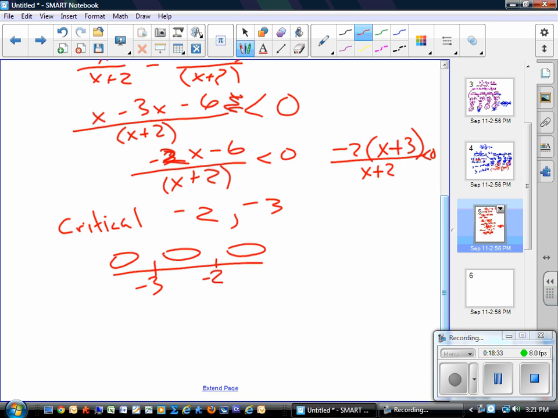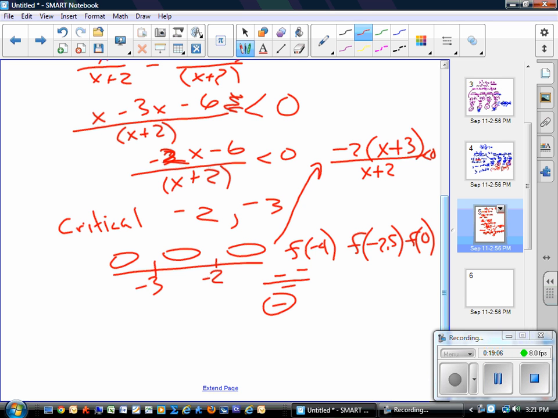And I'm going to check all of these values in this factored form of the equation. So doing so, we will go f of -4, f of -2.5, and f of 0. What the heck? So when I plug -4 into my equation, I have a negative from the -2, a negative from plugging in, and another negative. 3 negatives make a negative, which is less than 0, and that's something I want to look at.